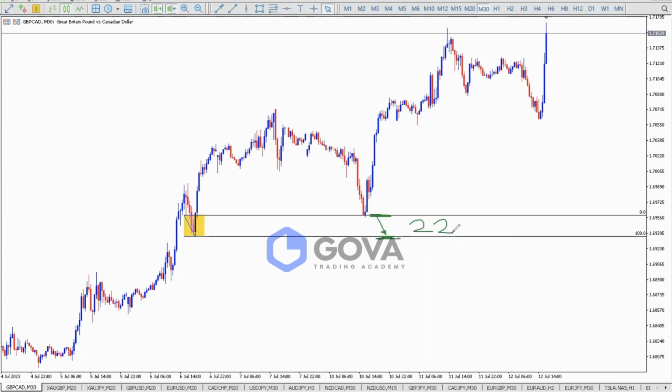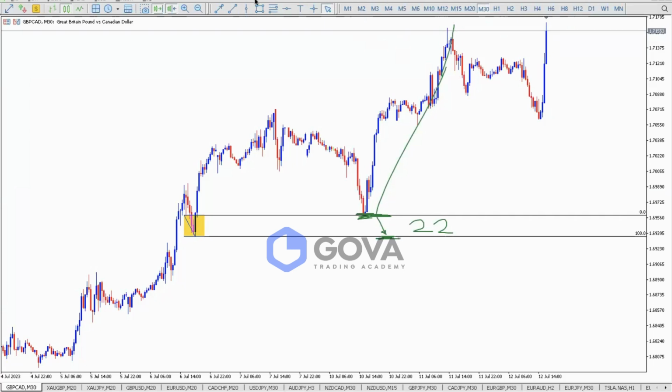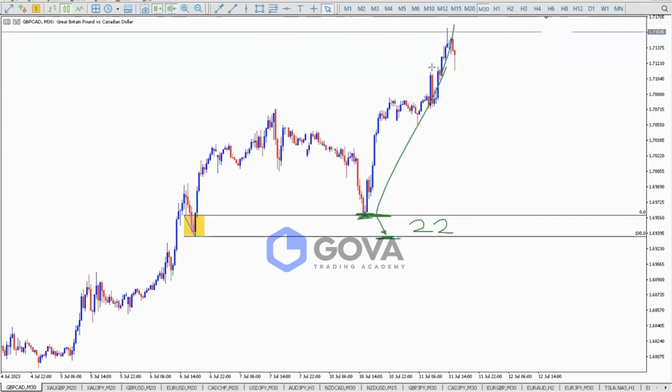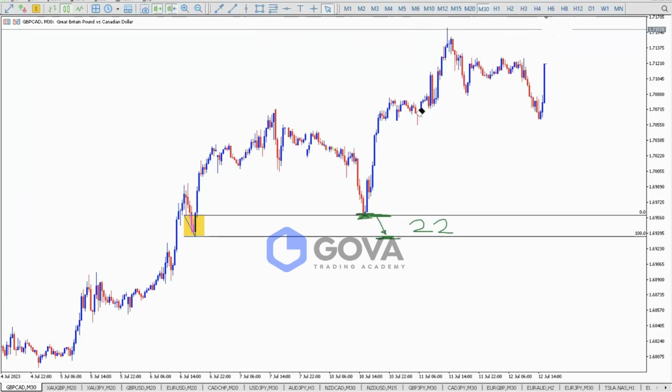Now, after calculating that area, you also need to calculate from the proximal line all the way up to the highest area where market price went to in profit. Let us assume that this area here was not there.